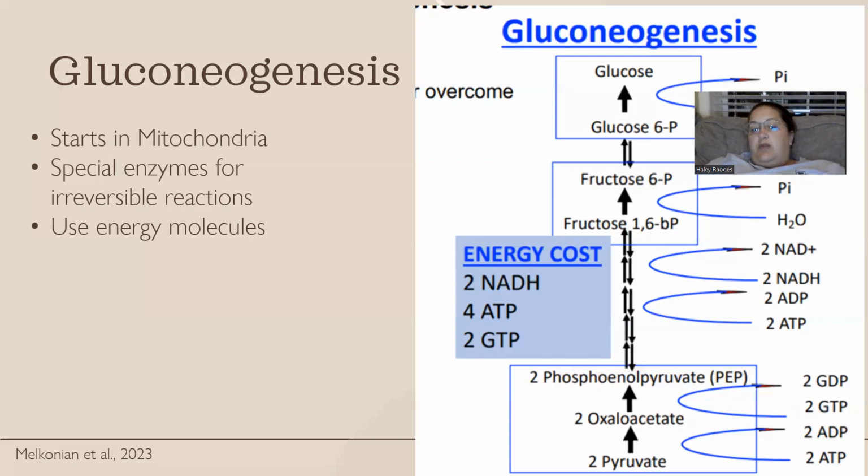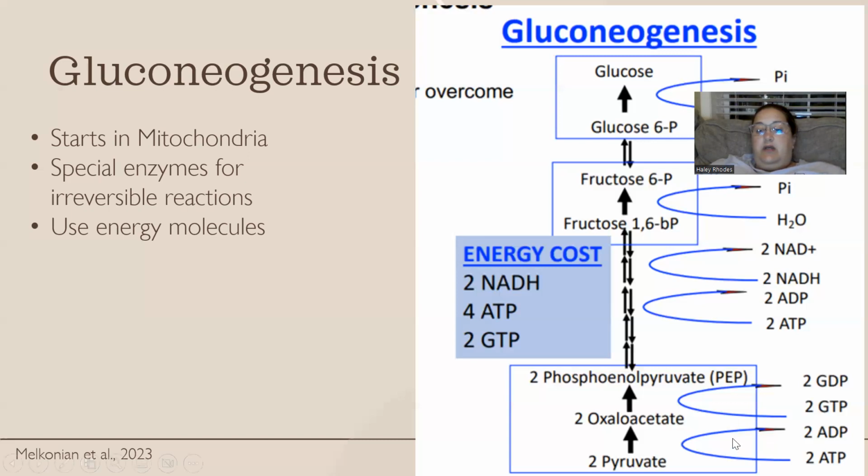So when starting with pyruvate, gluconeogenesis will begin within the mitochondria. So first, pyruvate carboxylase will carboxylate the pyruvate to form oxaloacetate. So we can see this at the bottom of the screen.